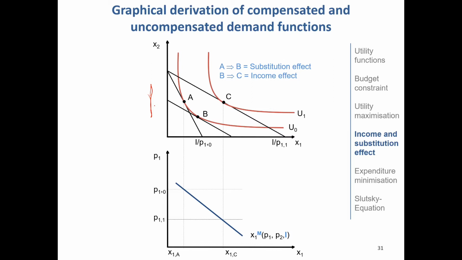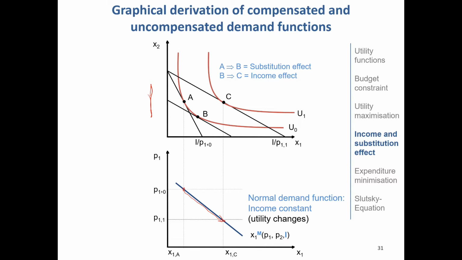However, like it's shown here, this Marshallian demand function only shows you the movement of A directly to C without saying anything about the movement from A to B, which is the substitution effect. So this demand function is called the normal demand function, where you keep income constant and you vary utility level.